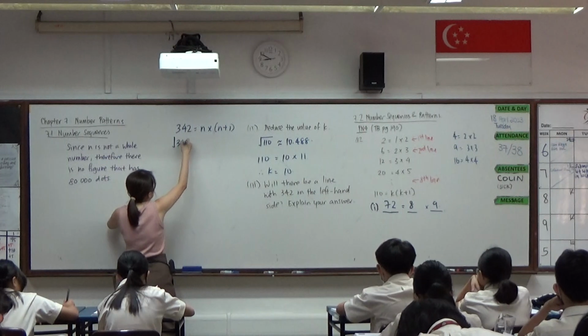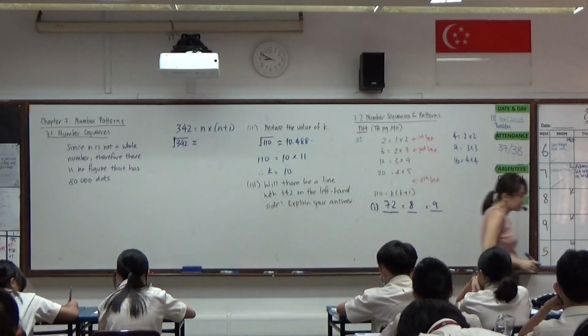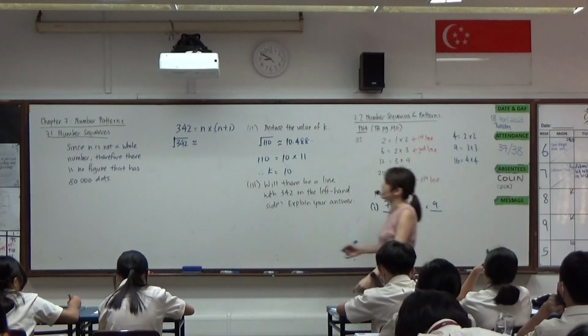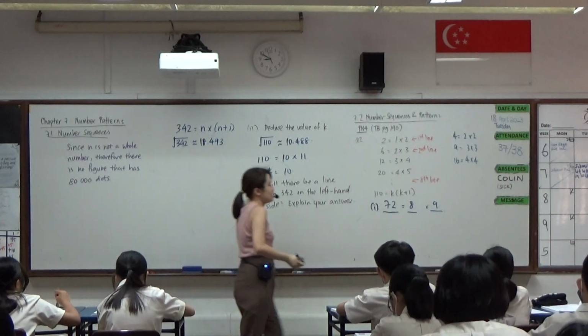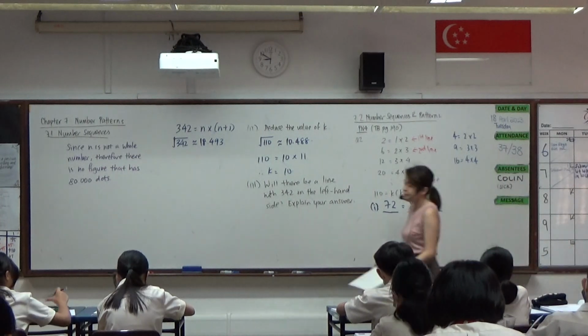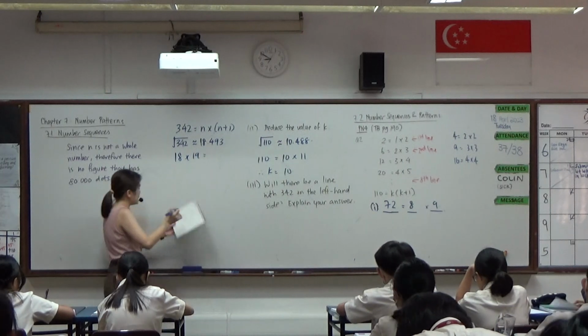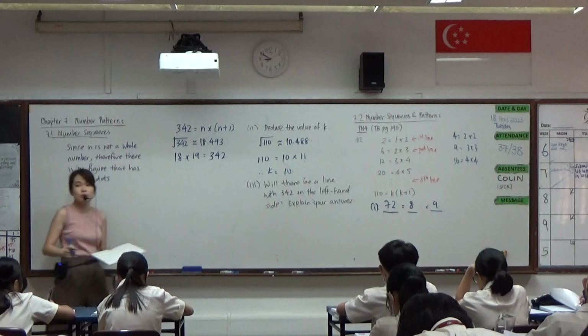We take the square root of 342 using your calculator and we get about 18.493. Then we do a check: if I take 18 times 19, what will I get? I will get 342.